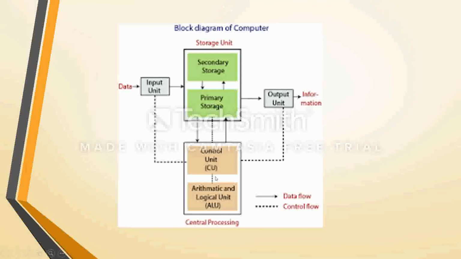And in the central processing unit we have the control unit and the arithmetic and logical unit. What is the job of the arithmetic and logical unit? It performs arithmetic and logical operations like addition, subtraction, multiplication, and division, whereas the control unit controls the operations carried out by the computer.